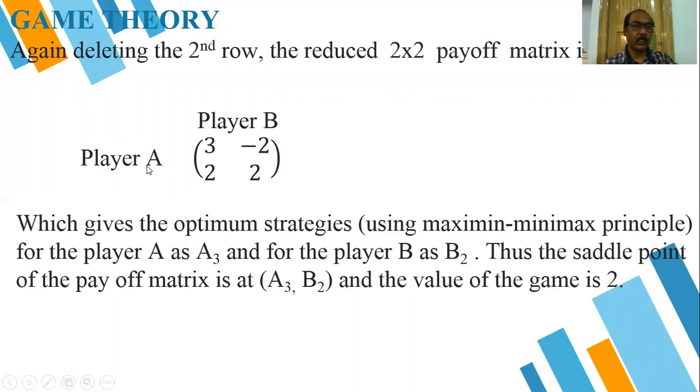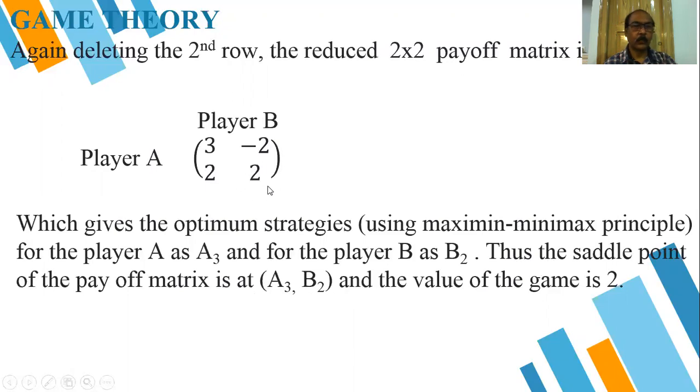So this is our saddle point. That means in this pair of matrix it is 2, 2, but actually it is A3 B2. This is the strategy for player A3, and this is the strategy for player B2, because B3 was deleted.